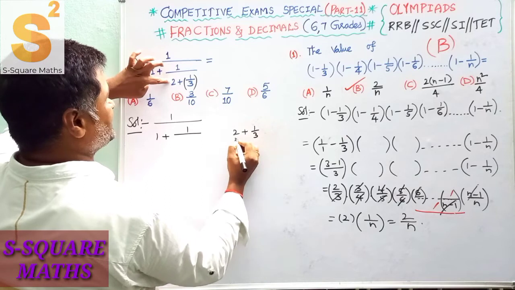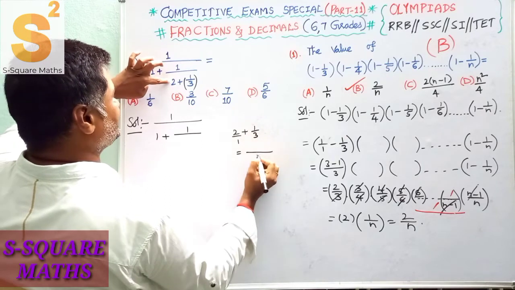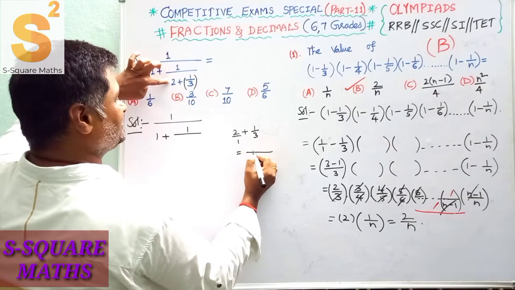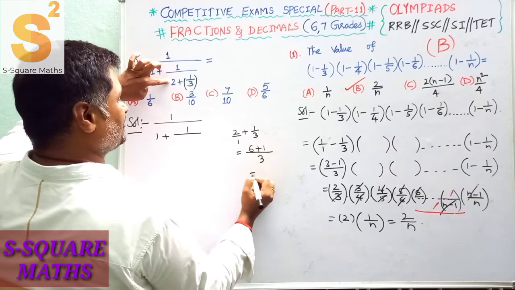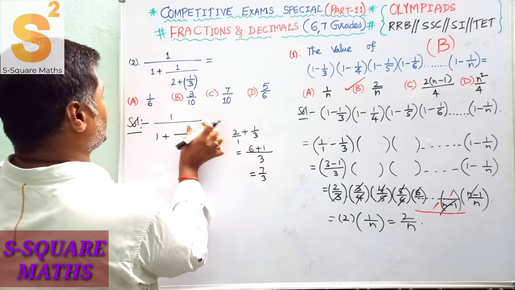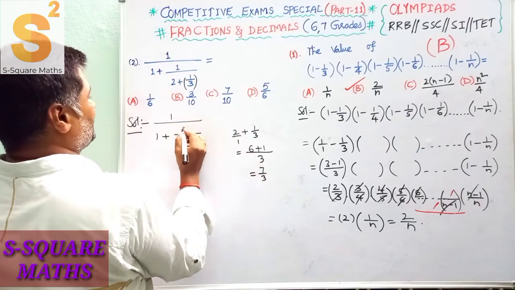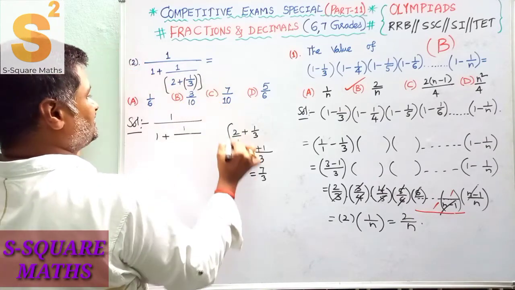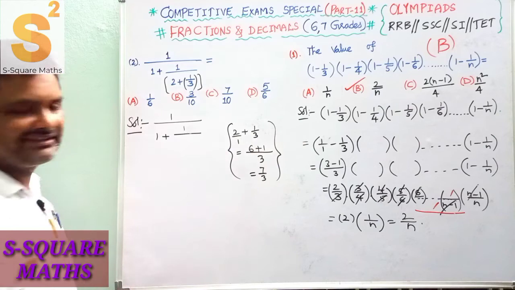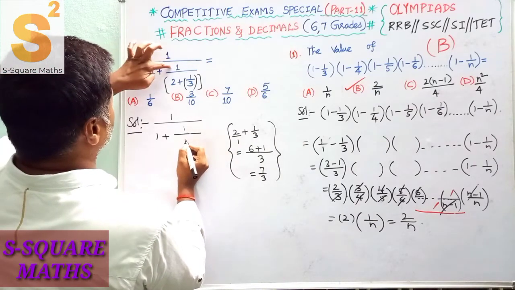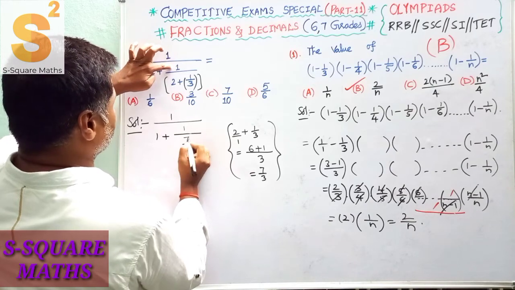Taking out the LCM, here it is 6 plus 1, nothing but 7 by 3. So 2 plus 1 by 3 I got as 7 by 3. So 1 by 1 plus 1 by 7 by 3.